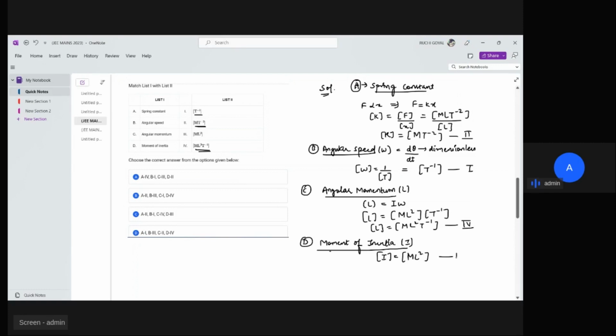So M L^2 is in the third option. So we have written A with second, B is matching with first, C is matching with fourth, and D is matching with third. So which option is correct for this question? Second, first, fourth, and third. C option. So the C option is correct.